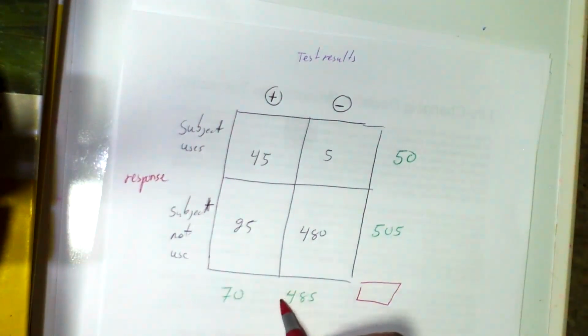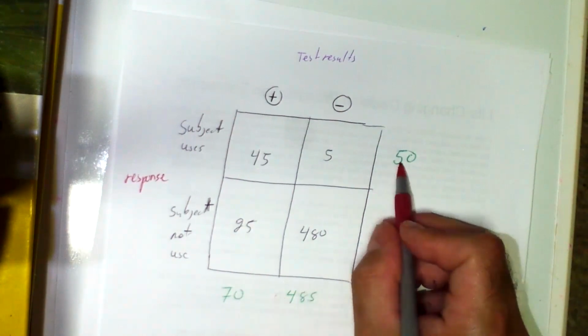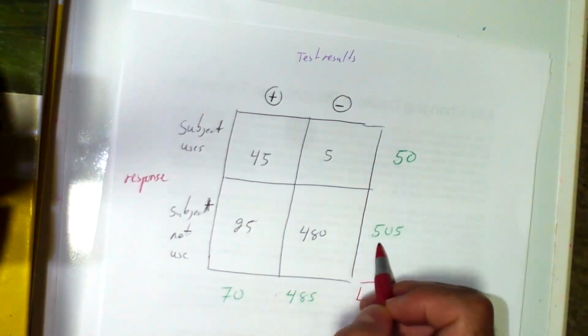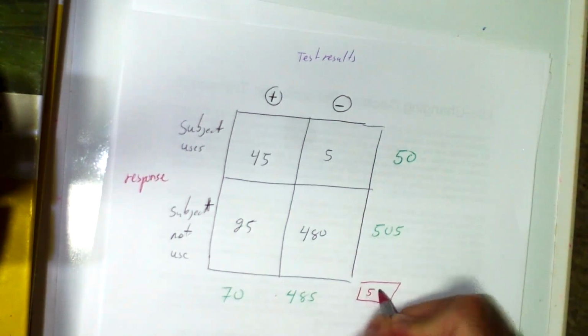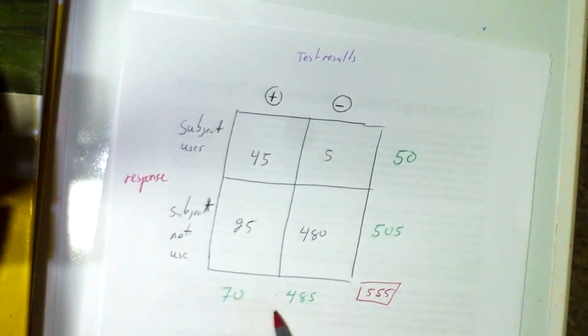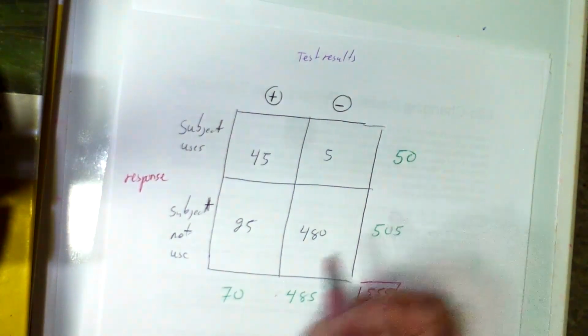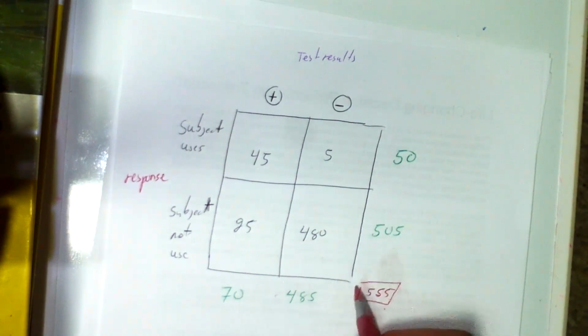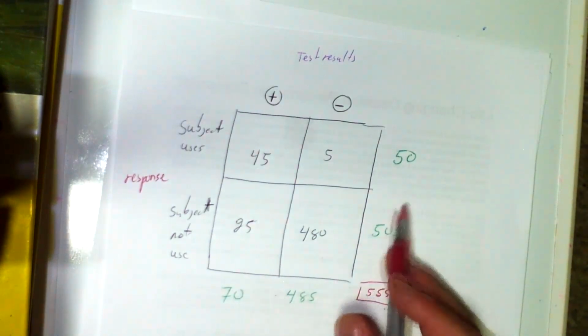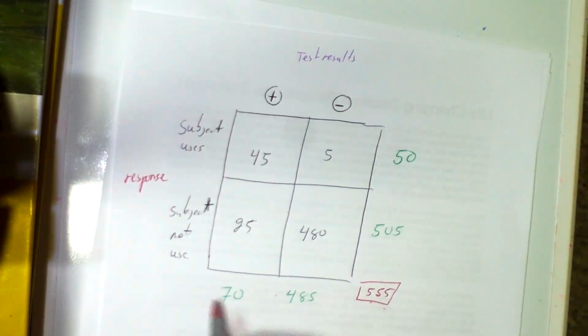They're supposed to end up to be the same number. So if I add 50 plus 505, I get 555. You may want to double check. The 70 plus 485 equal 555? Yep. So either you add the subtotals of the rows or the subtotals of the columns, they're supposed to be the same, this way or that way.